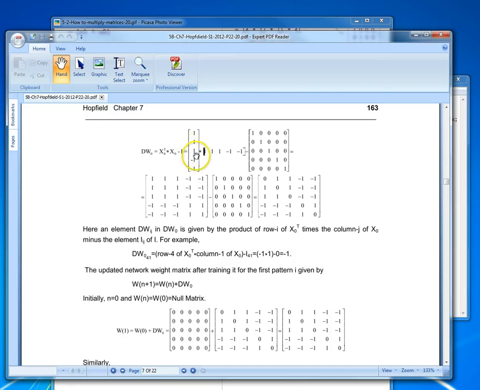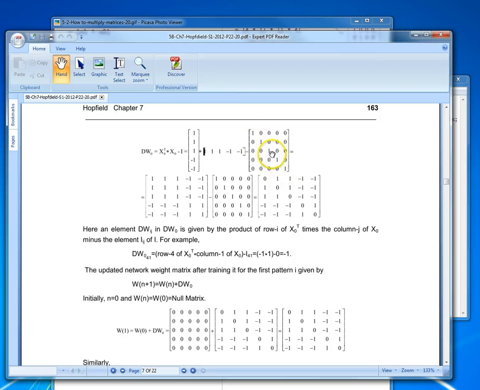If you multiply a 5 by 1 by a 1 by 5, you're going to get a 5 by 5 matrix. Then you subtract I, which is a unity matrix with all zeros in the rest of the elements. Only the diagonal elements are going to be 1.